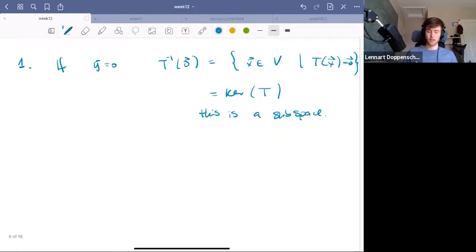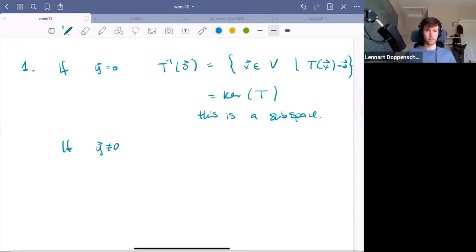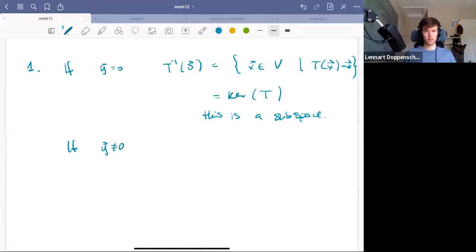Now, in the other case, if Y is non-zero, this is not a subspace. And that's actually a good proof by Matthew in the chat.